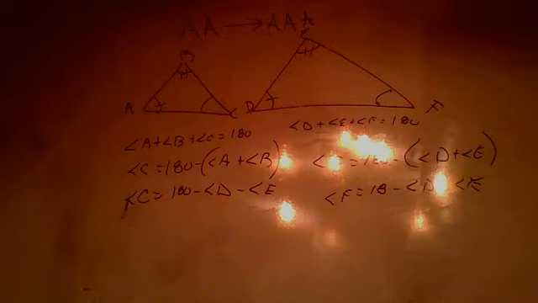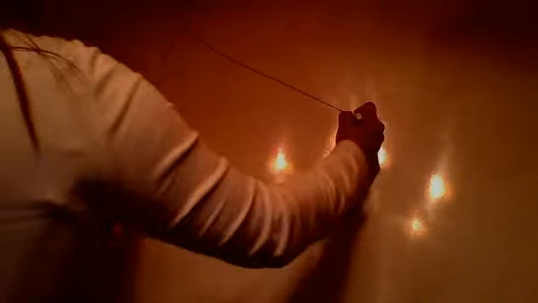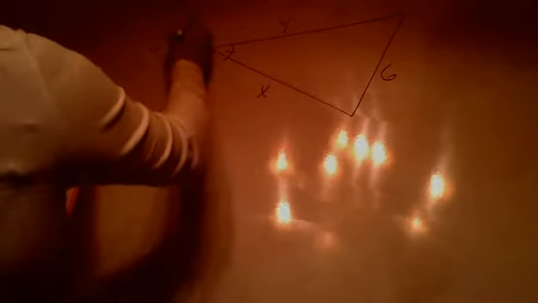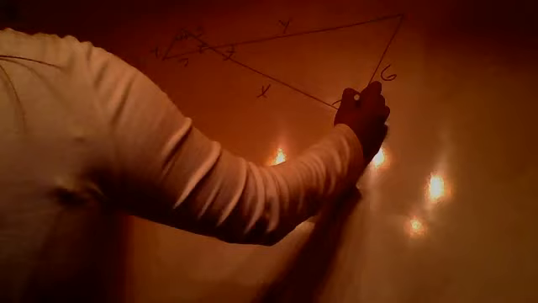It says find x and y. This is where I have a hard time just drawing all these weird shapes. Okay, how would we find that?